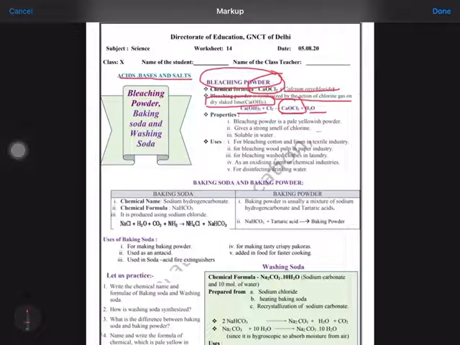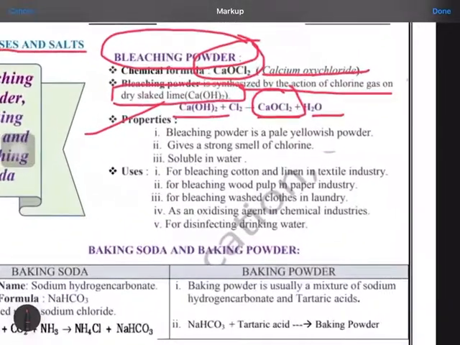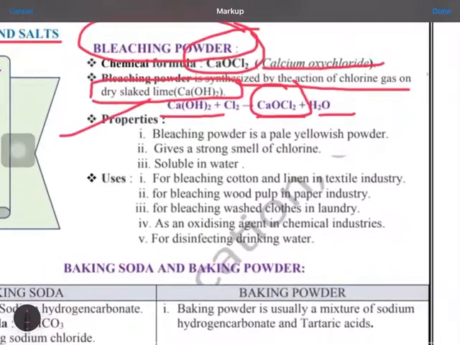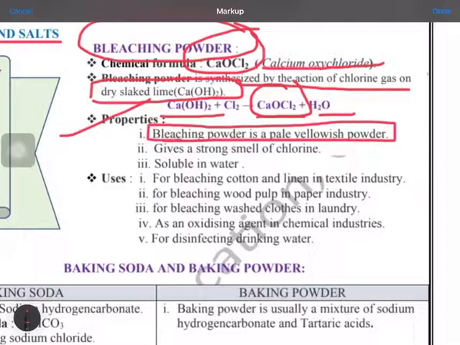So what are the different uses where this bleaching powder is used? First, its properties, which are very important. The first property is that bleaching powder is a pale yellowish powder. When you see the color of bleaching powder, it will be pale yellowish.